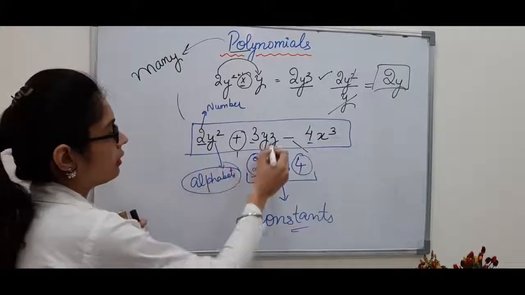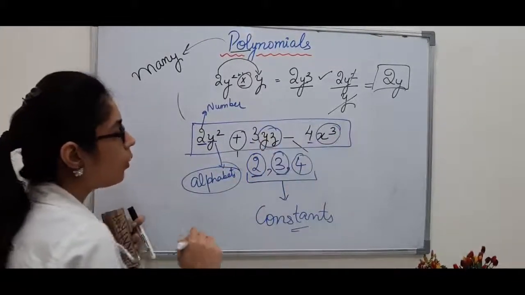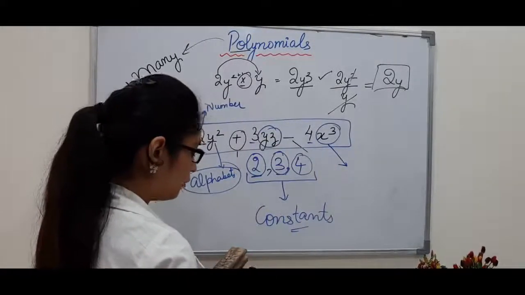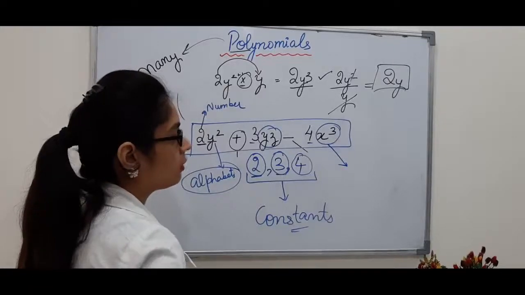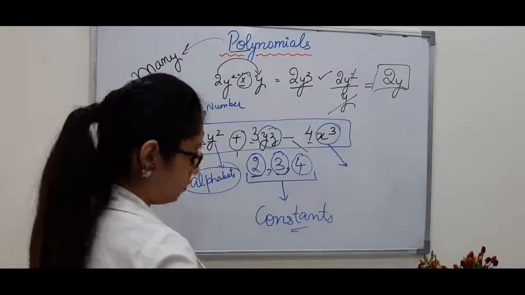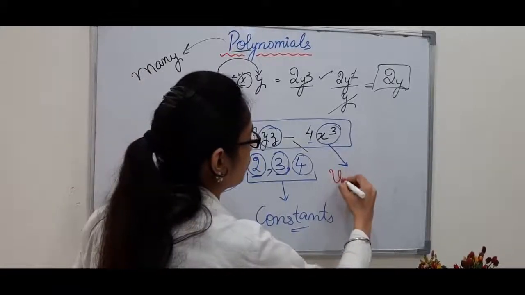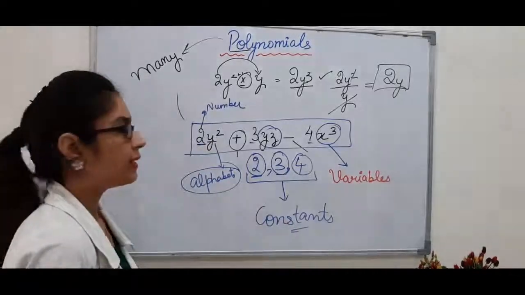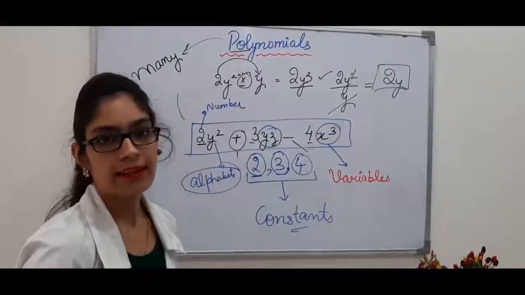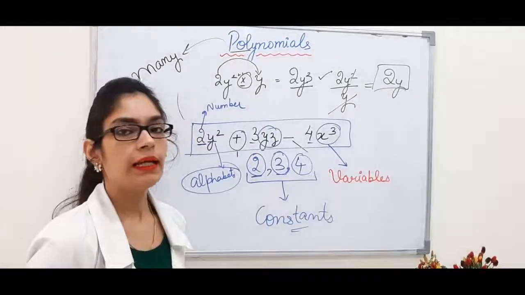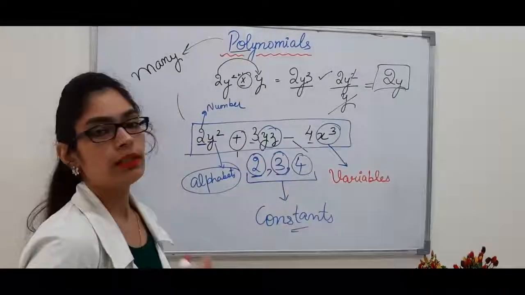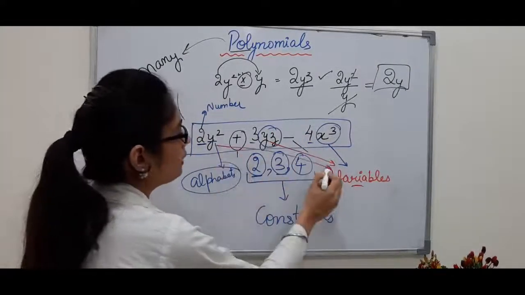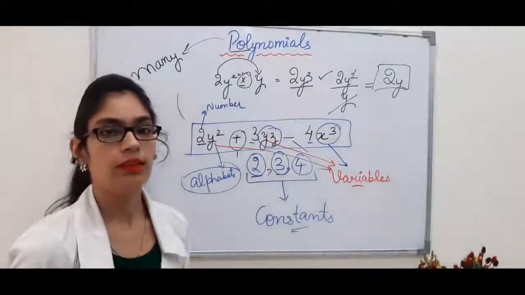So now what about these alphabets? All these alphabets are known as variables. Variable means they keep on changing. See here, if I am using y, I can use x also, I can use a, b, c, and their value will keep on changing. All the alphabets in the polynomial are known as variables.